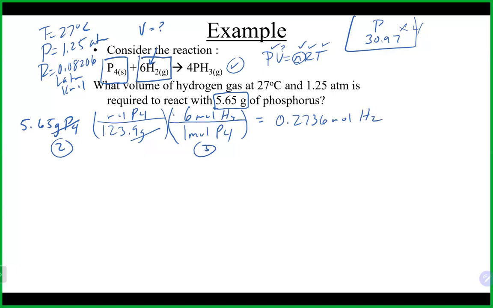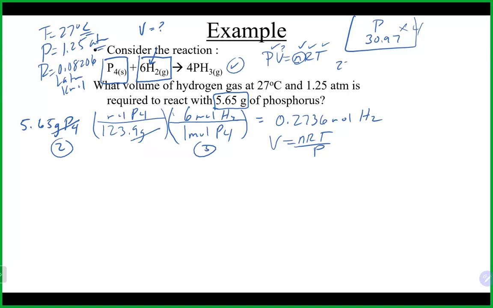Once again, we're not going to use molar mass on the back end. We're going to use our ideal gas law, which, as I mentioned earlier, is very, very common. So we're going to solve for volume, nRT divided by P. We still have to do a conversion, and in this case it looks like it is just the temperature, as our pressure is already in atmospheres. So that's good to go.